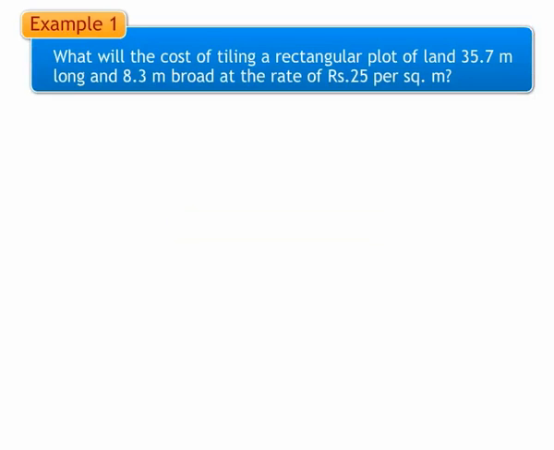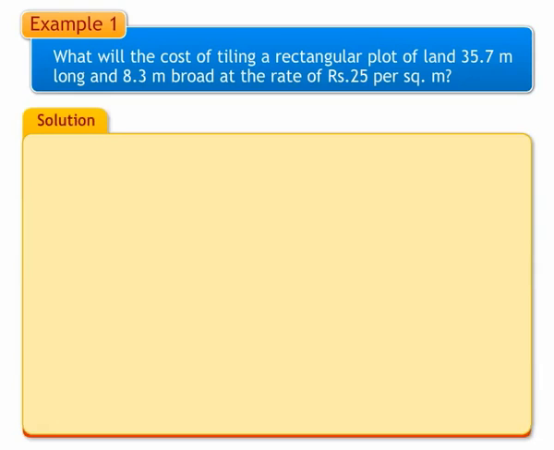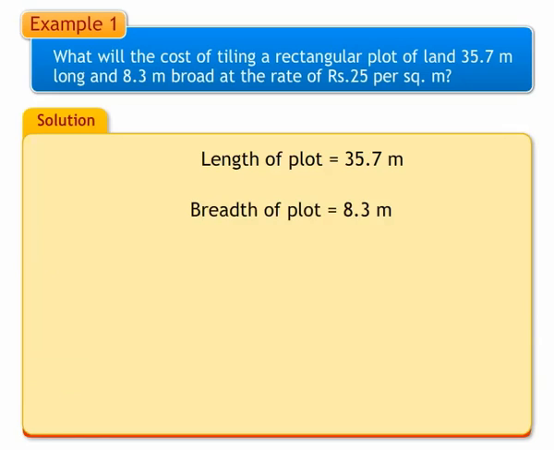Example 1. What will be the cost of tiling a rectangular plot of land 35.7 meter long and 8.3 meter broad at the rate of rupees 25 per square meter? Solution. Length of plot is 35.7 meters. Breadth of plot is 8.3 meters.